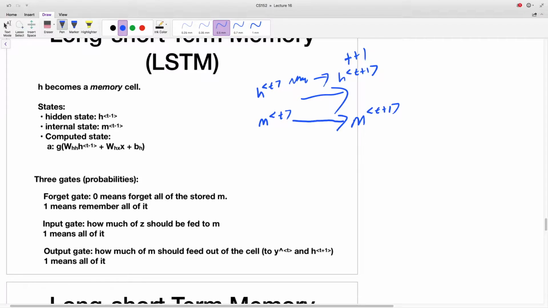And that's what memory is, right? Memory is this thing that maintains its state. The hidden state keeps getting updated all the time to reflect new information, new reality. The memory stays.